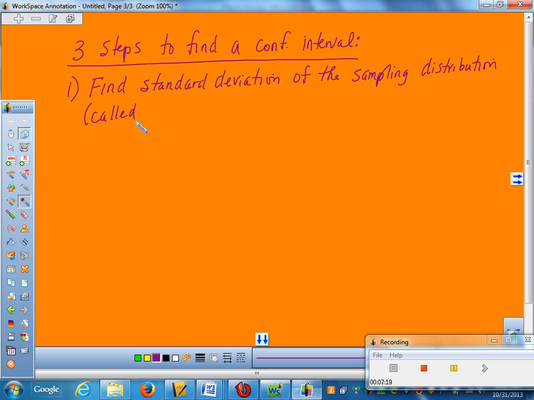That's too long. It's more well known as the standard error of the mean. Statisticians don't always pick the most convenient terminology.